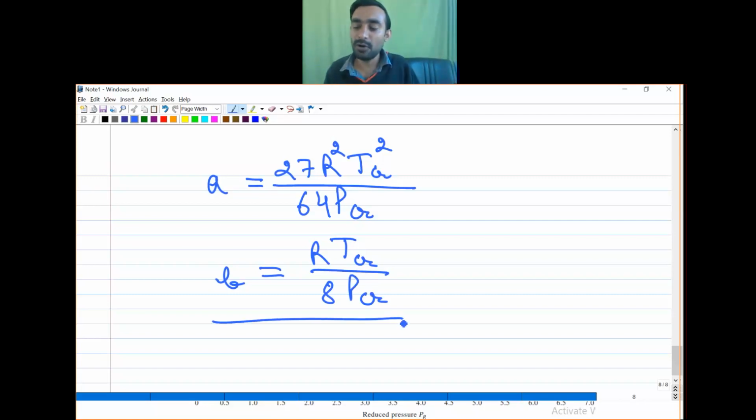Okay, so once the values of constants A and B are known, you can substitute the values of these coefficients in your equation of state, and you can relate the pressure, volume and temperature for a substance, where you are accounting for the molecular interactions as well as the molecular volumes.